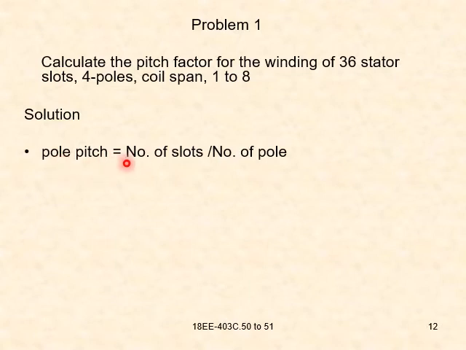Firstly, pole pitch is equal to number of slots by number of poles. Number of slots is 36 and number of poles is 4. So 36 by 4 is equal to 9.